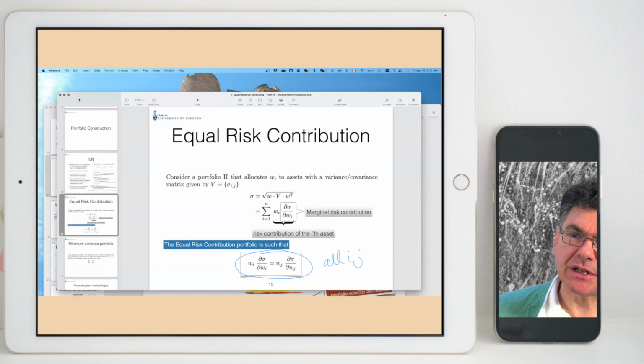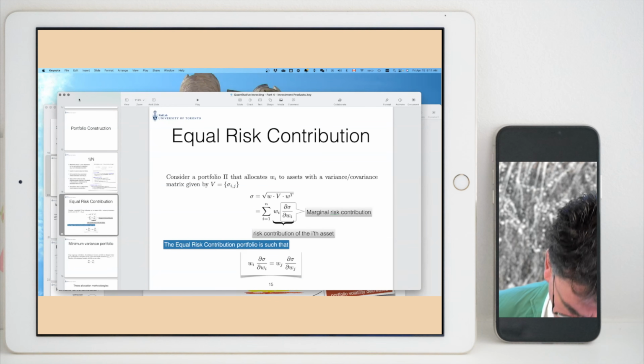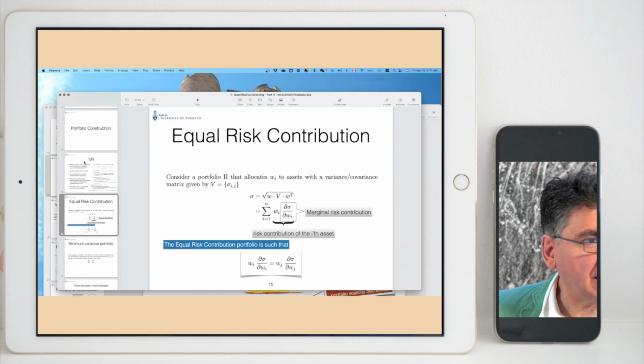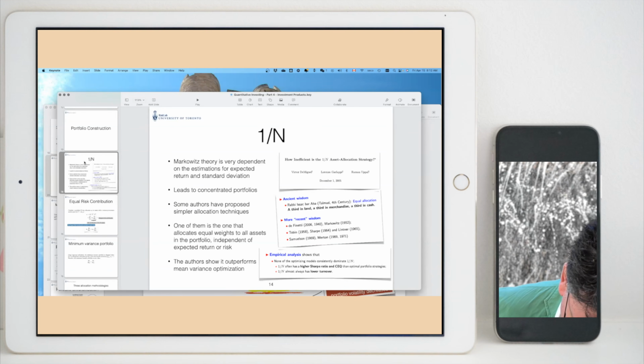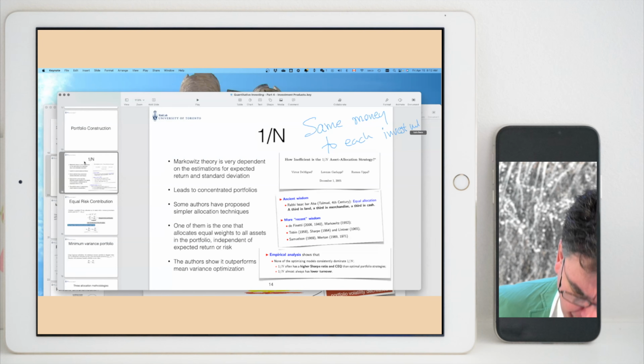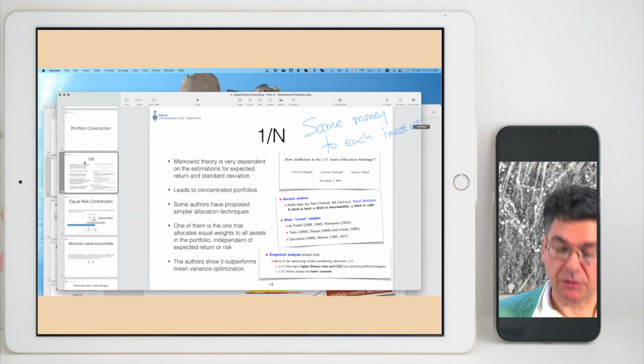And this is interesting now, because watch one thing. The previous allocation methodology was same money to each investment. This is what this allocation was.